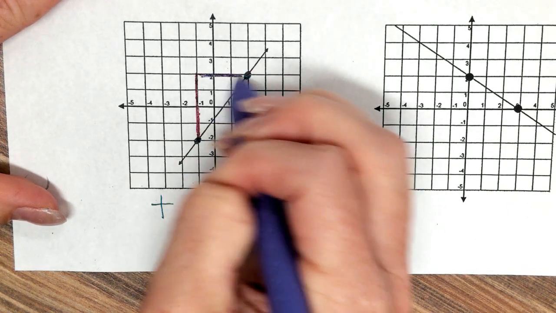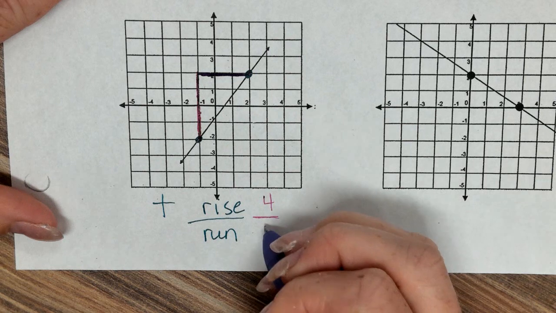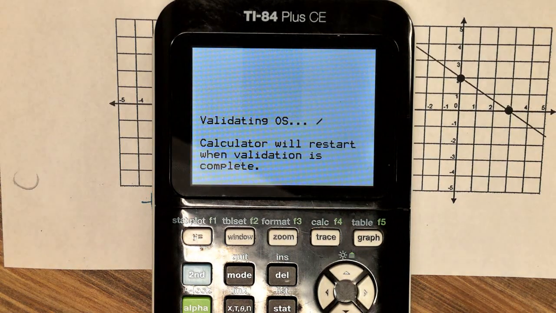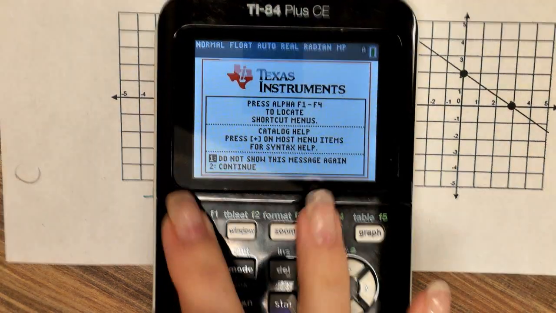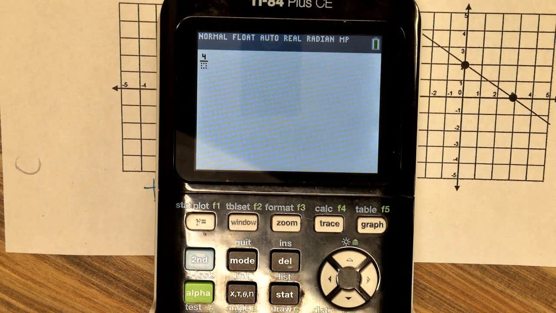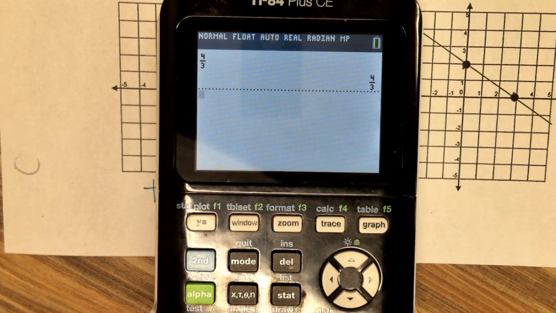How far did I run? 3 spots. And your last job is to simplify the fraction if it can be simplified. So where do I go in my calculator to simplify a fraction? Alpha y equals. So I put in 4/3. I hit enter. Can it be simplified?